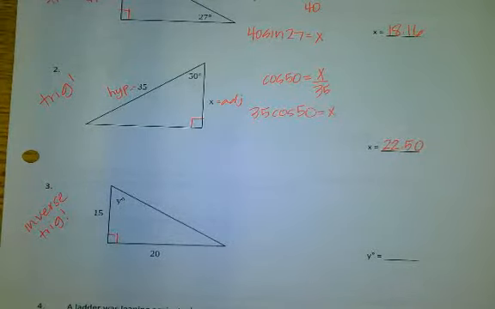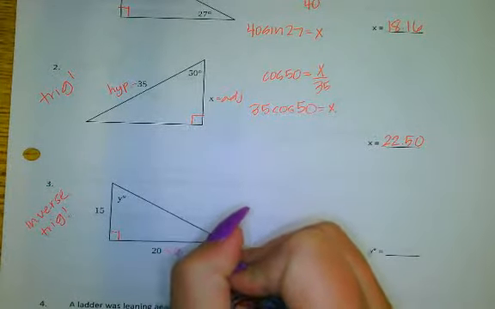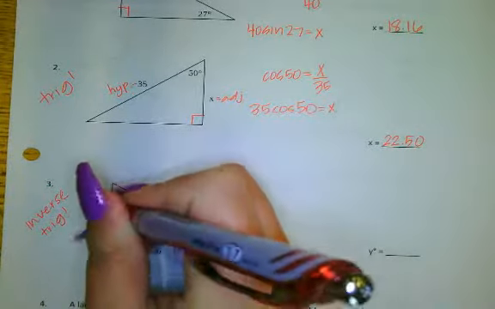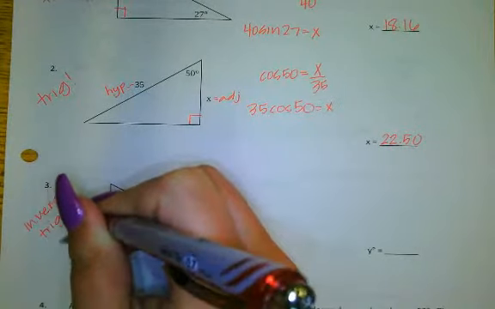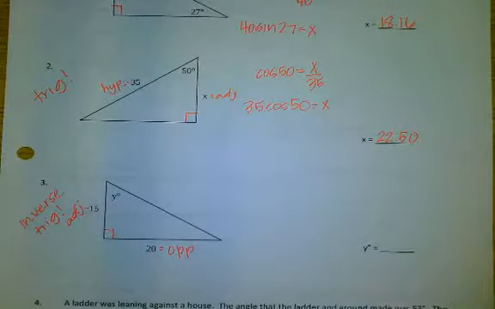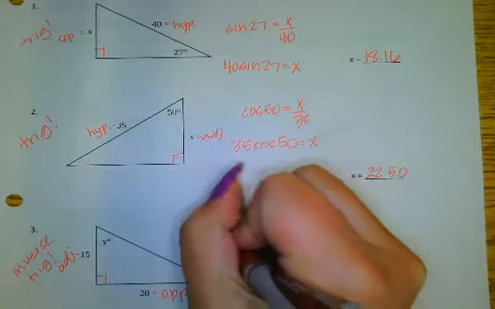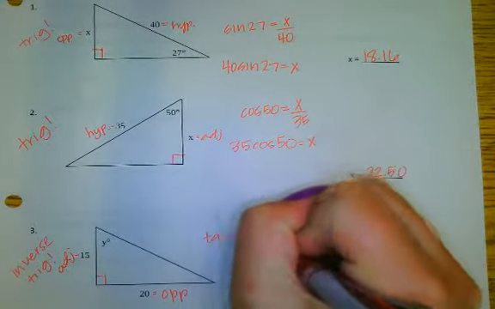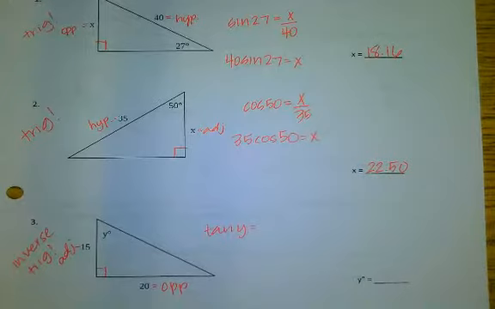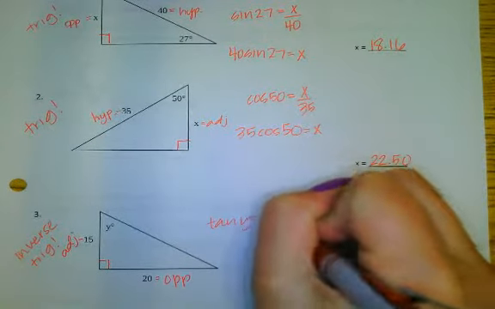Okay, what is 20 in relation to our angle? Opposite, and 15? Adjacent. So which trig function should I use? Tangent, opposite over adjacent. So I have the tangent of y equals, what's the ratio? 20 over 15. And then how do I rewrite this?